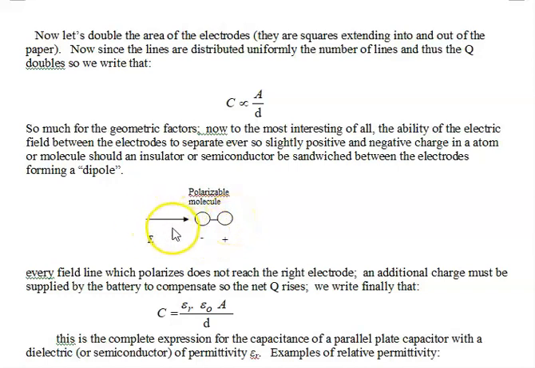When there's no electric field, the negative and the positive come together, they coalesce. However, in an electric field, in this case, for example, the electric arrow is pointing from left to right. It repels the positive charge, attracts the negative charge. It creates an internal electric field which goes from right to left, opposing the external electric field.